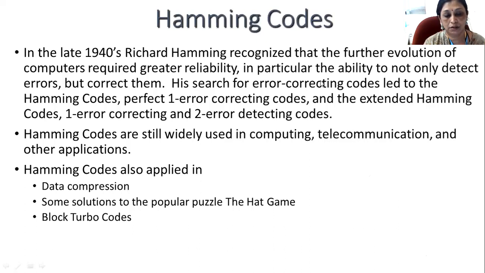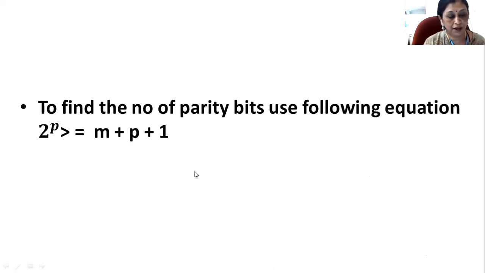next example of our Hamming code. Okay, so now, as I told you, in order to construct the Hamming code we use parity. To construct the Hamming code, first you have to decide how many parity bits to be used in the Hamming code.